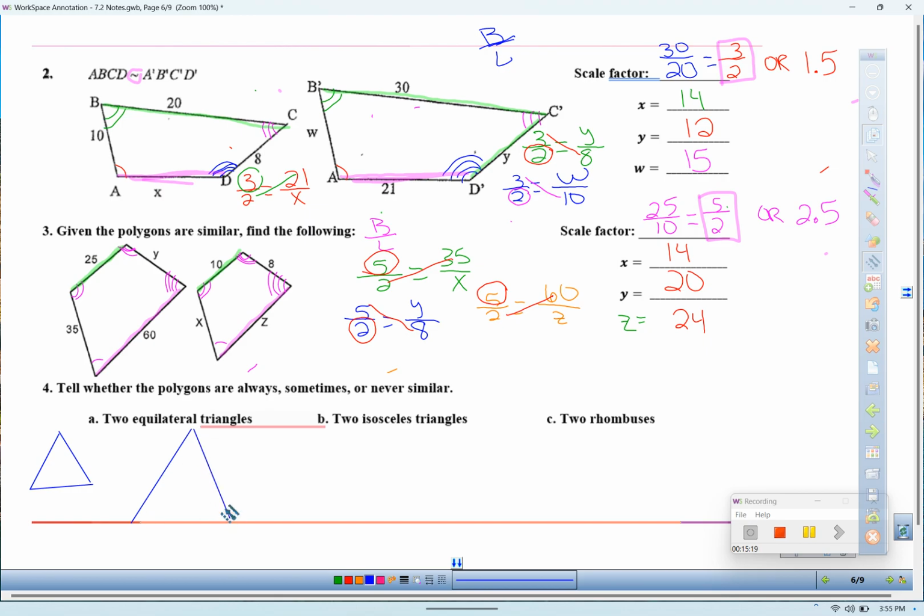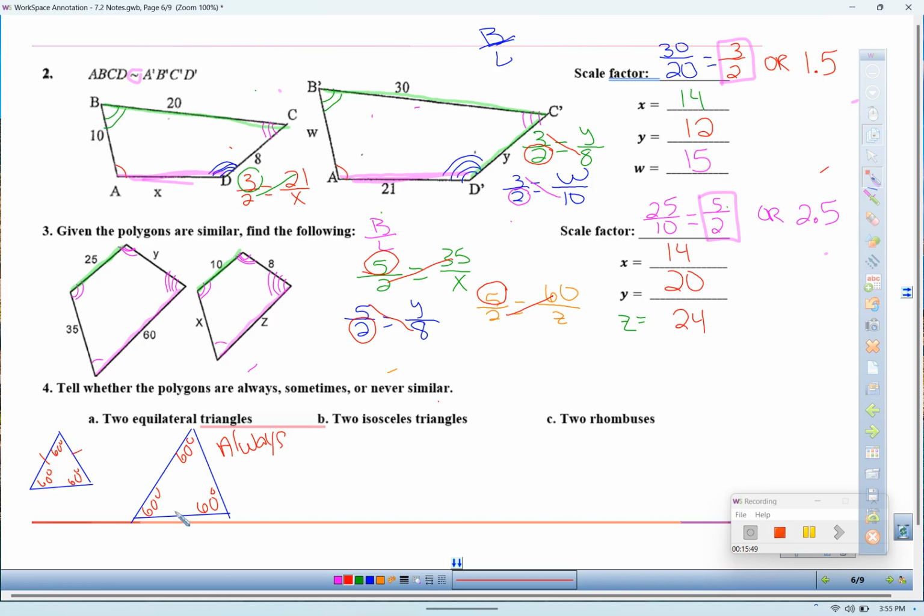Trying to draw these, they're not perfect, but one thing that we learned about equilateral triangles is that every single angle, no matter what, is 60 degrees. Okay? So all of these angle measures will always be the same. If that's the case, then we know that these are always going to be similar. So this is always.